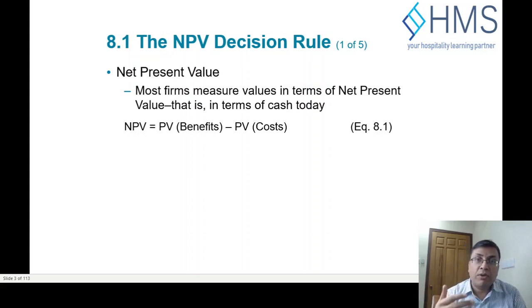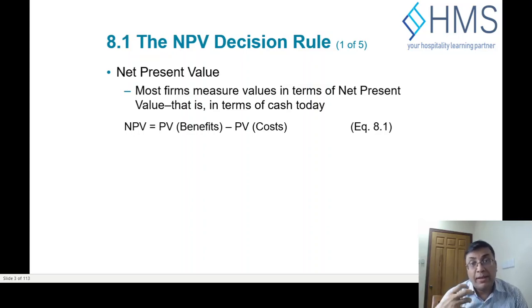Today's investment will always be at present value. If you have to invest some money in 1 year or 2 years, then you will also add to the cost the discounted value of those future investments into the business.